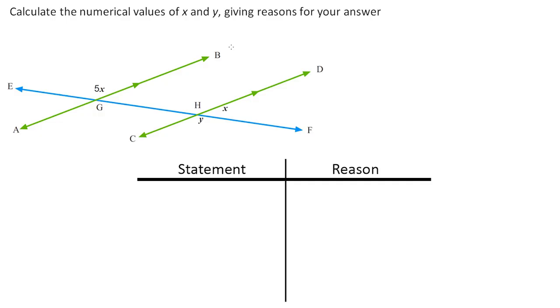And when we think about parallel lines, it means we're going to have some fun. The F is for corresponding angles. The U is for co-interior angles. And the N is for alternate angles.